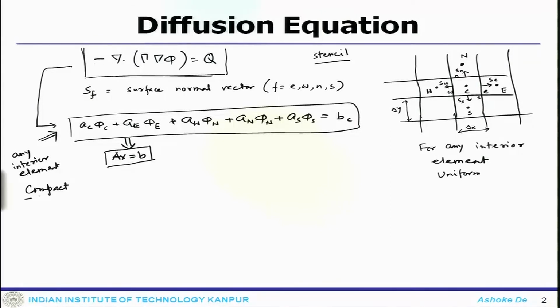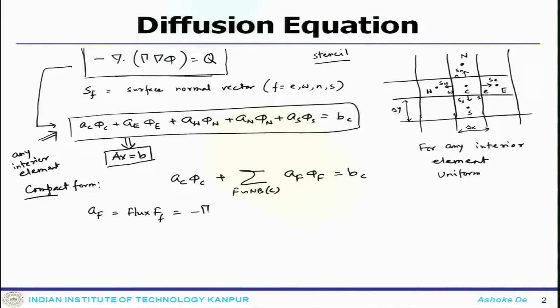If one has to write in a compact form, then it was AC phi C plus summation over the faces of AF phi F equals BC, and all these coefficients, like AF, was minus gamma F dF, that is the flux FF.